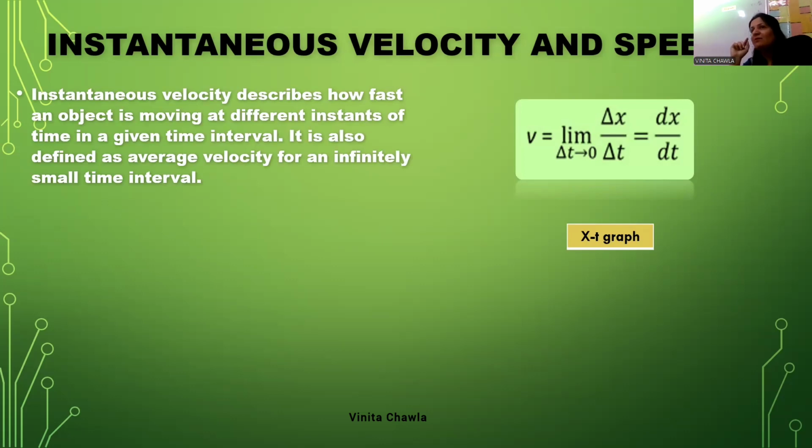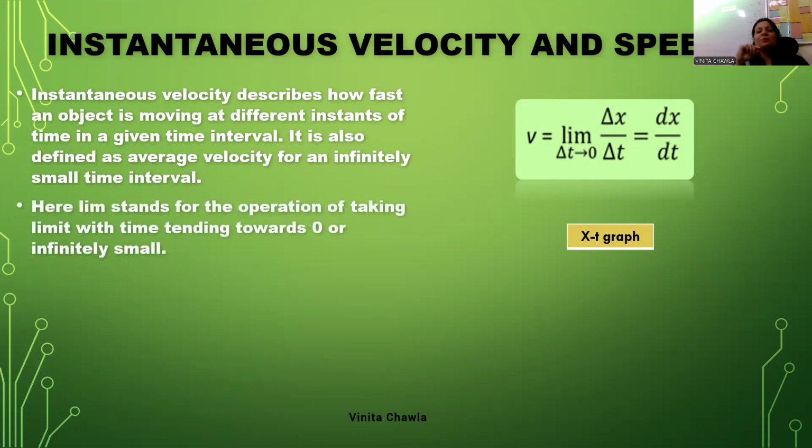Delta x by delta t is average velocity. And if we limit delta t tends to 0, limit means delta t is approaching 0. It's very small. Then we can write this as dx by dt. Dx by dt is the differential term here that we have already covered in mathematical physics.